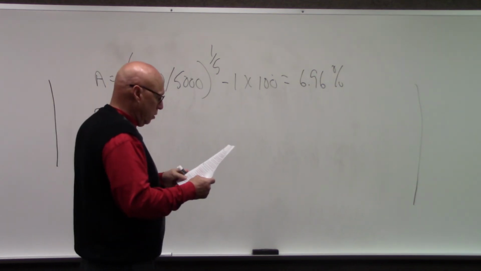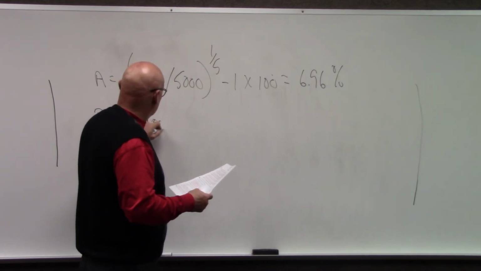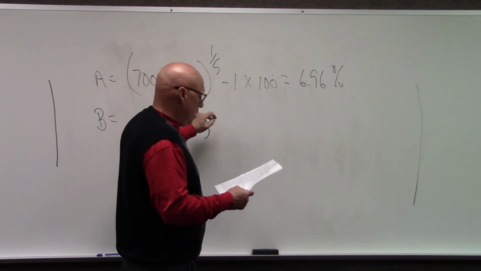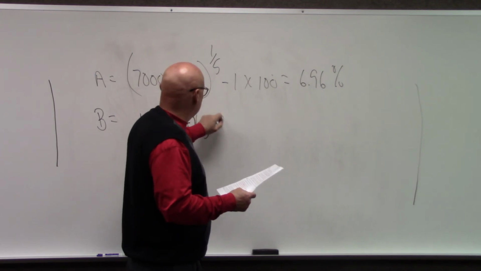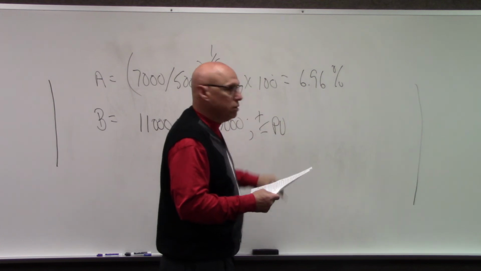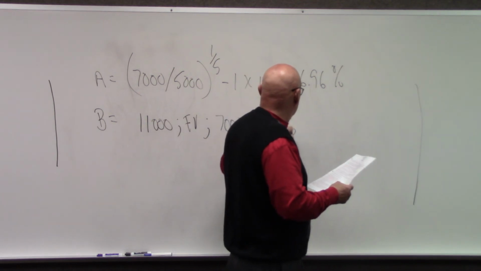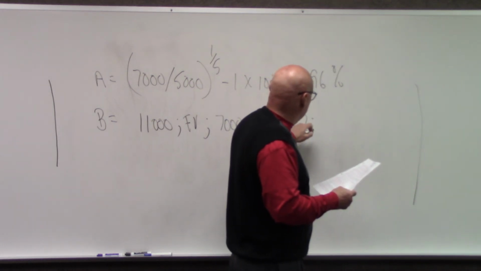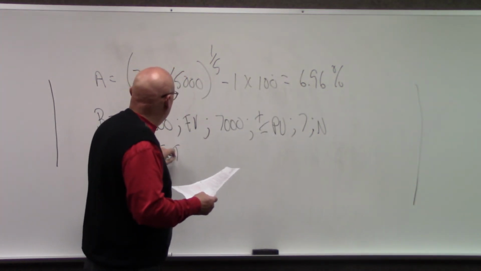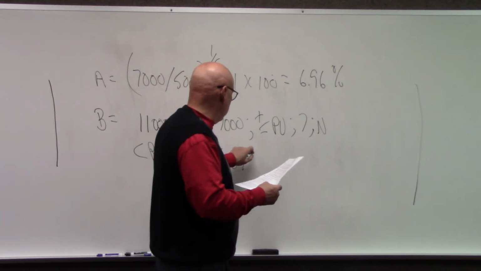All right, 11,000. Let's use the financial keys. 11,000 is the future value, and 7,000, plus/minus, is the present value, and 7 is the N. Compute IY, and we get 6.67%.